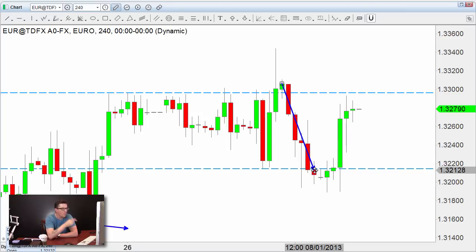Now, what can we do with this? Well, there's a couple of different trades that we can make here. Number one is we can sell as soon as the market breaks into what we call a lower low, lower close.